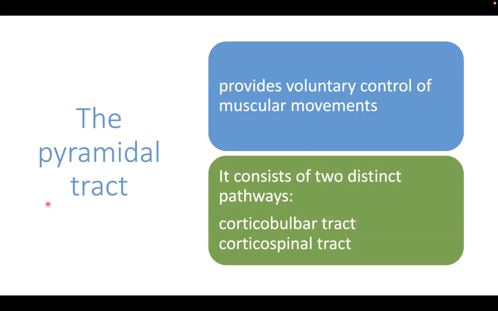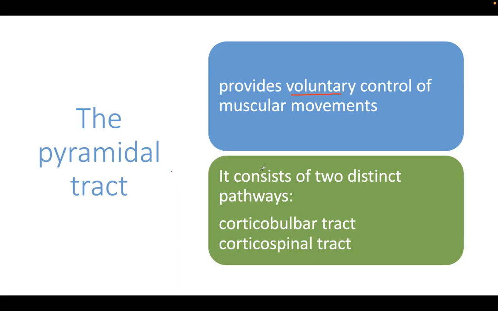Now, let's talk about the pyramidal tract. When we say the pyramidal tract, this is one of the tracts or pathways of the body which provides voluntary control of muscular movements.